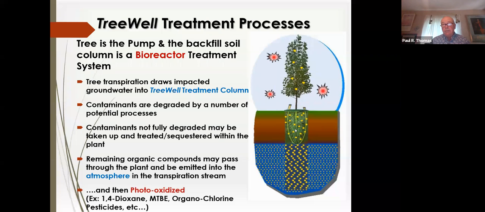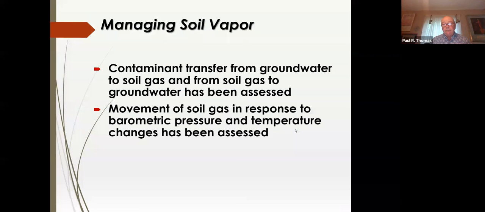We had a site a while back where we were remediating lindane, and we found that a lot of the lindane was actually taken up into the tree and transpired into the air. And here we try to take advantage of what is often a relatively short half-life for some of these contaminants once they get into the air because of photodegradation processes. Whereas if they stay in the groundwater, they can be around for years and years.